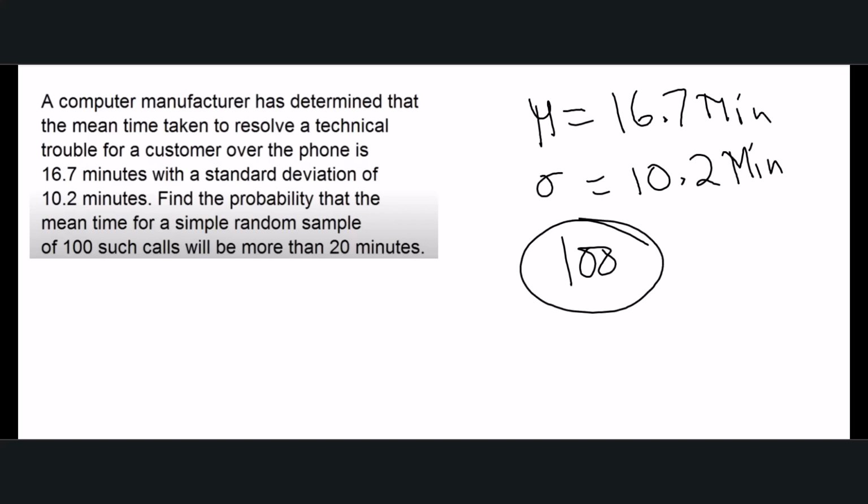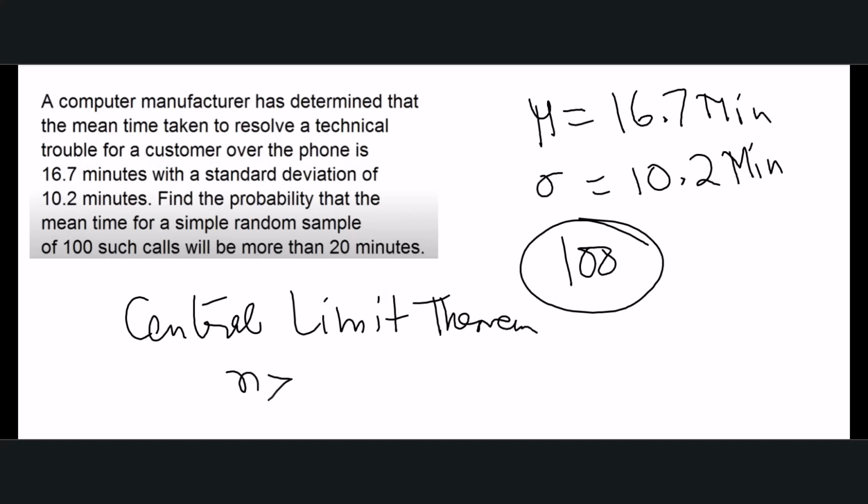They want to see how the averages of simple random samples of size 100 vary. All right, so remember that we had the central limit theorem, in which for this course we assumed that if the sample size is 30 or larger, then it doesn't matter whether the population has a normal distribution or any kind of distribution, the sample means, that is the X bars, will have approximately a normal distribution.